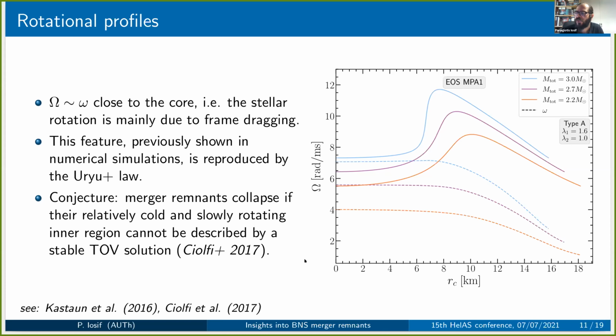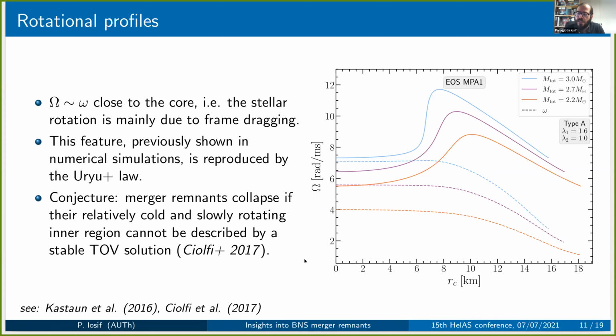And this key feature is that the angular velocity close to the core is mainly due to the frame dragging of the space-time contribution, which is shown in the picture on the right as the dashed light blue line for the most massive model.